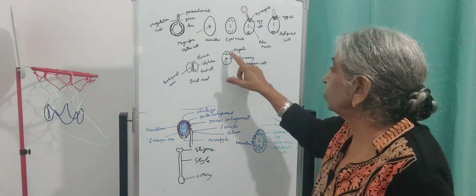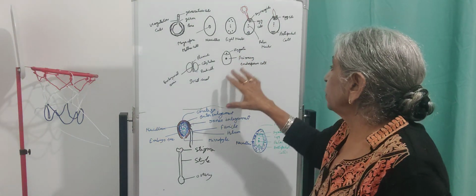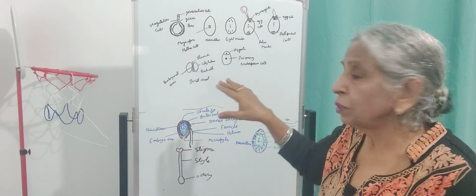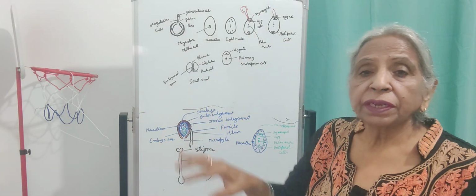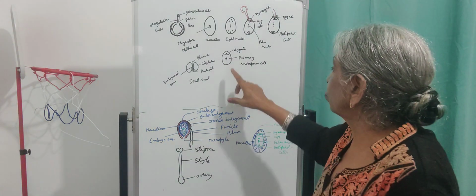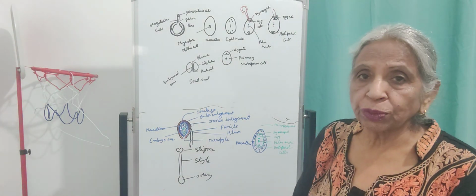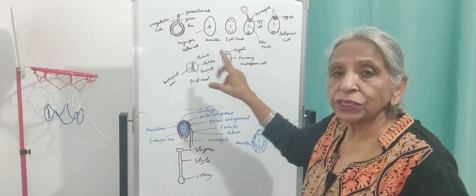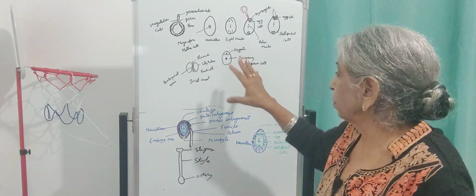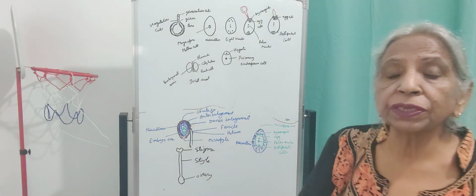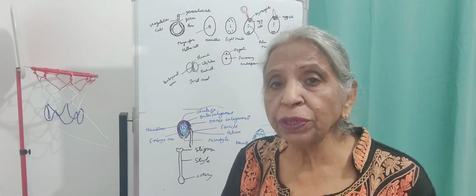Before the start of division in the zygote, the primary endosperm nucleus, which is triploid, starts dividing and redividing, and a multicellular structure is formed that is called the endosperm, and this endosperm nourishes the developing zygote. The zygote divides and redivides by mitosis, and a heart-shaped structure is formed which is called the embryo.